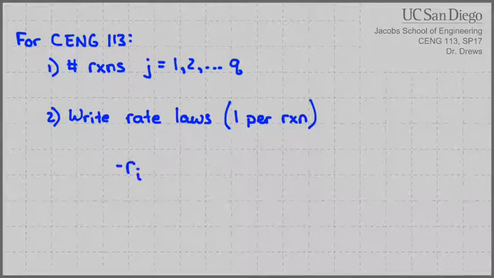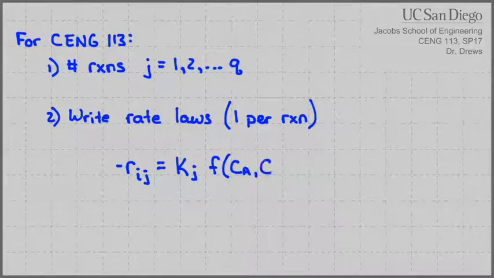The rate of, I'm going to call it consumption with that negative sign, of any species I for reaction J is some rate constant k sub J, that's a little k, not a capital K, times some function that we saw before of C_A, C_B, et cetera, all of your concentrations, up to concentration C sub I. And if you have any equilibrium coefficients, those are going to be equilibrium constants inside there.